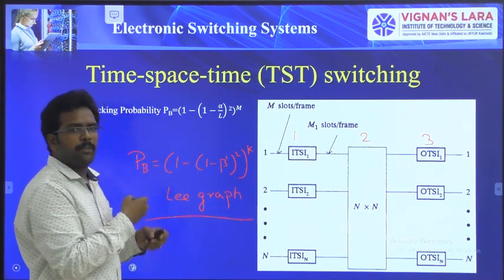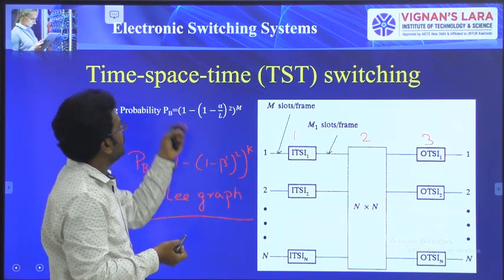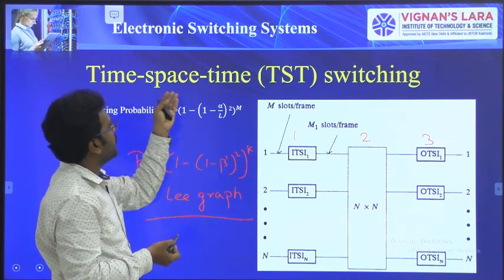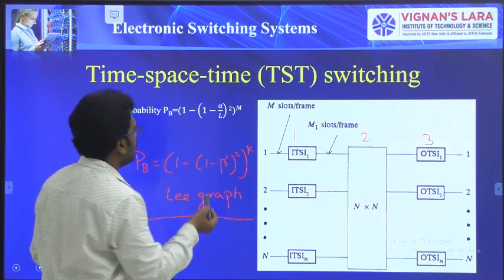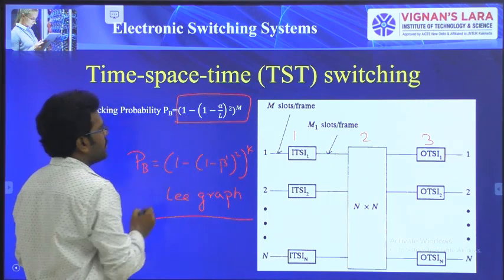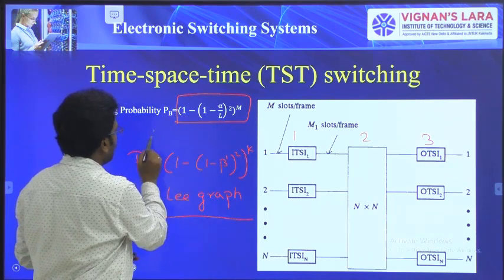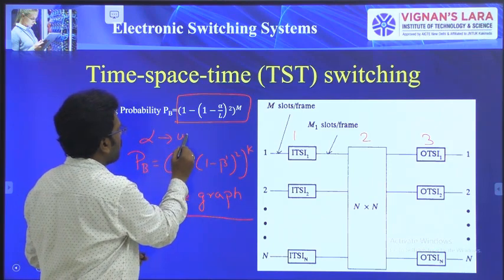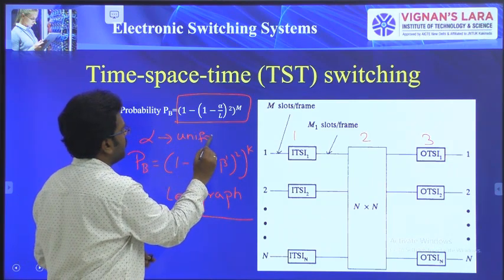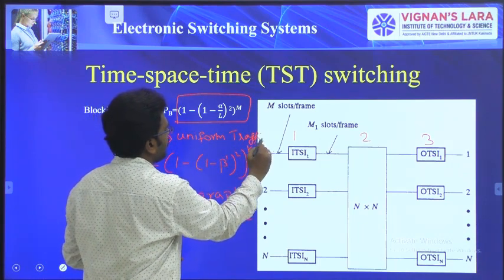Apply the same procedure here to find the blocking probability of a 3-stage time-space-time switch. If you apply the formula, this is the final answer for the blocking probability. What does alpha indicate? Alpha indicates uniform traffic intensity.